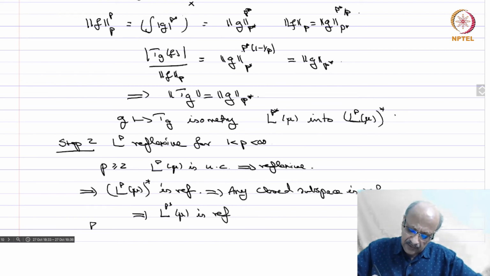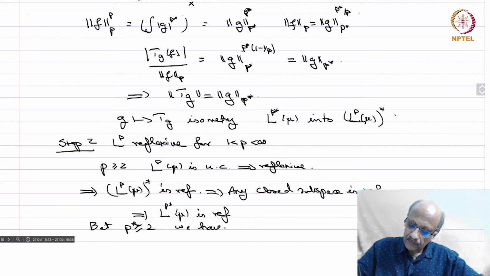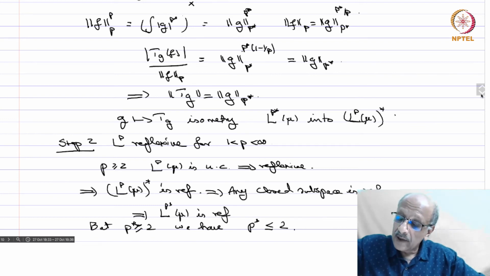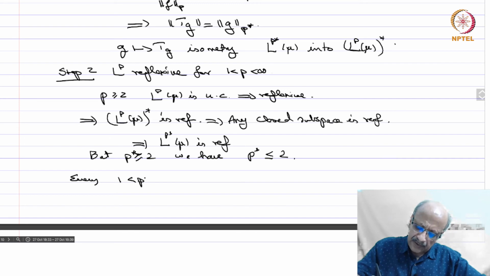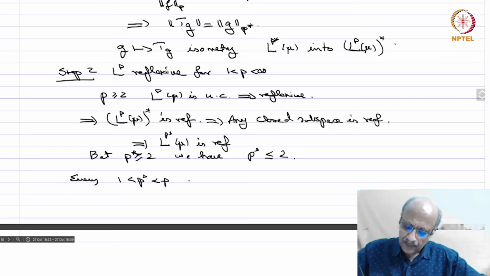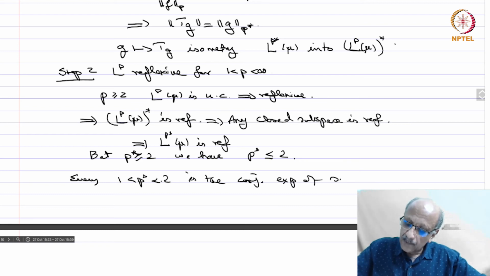But if p is greater than or equal to 2, we have p star less than or equal to 2. And every p star with 1 < p star < 2 is the conjugate exponent of some p greater than or equal to 2.